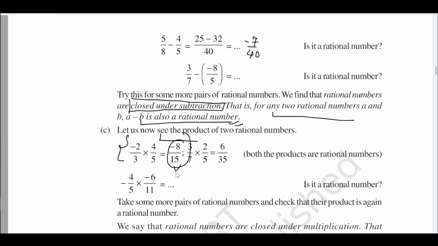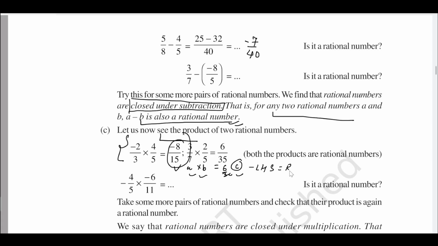It is also a rational number in the form of P by Q, where Q is not equal to 0. In the second, 3 by 7 into 2 by 5, we get 6 by 35, which is also a rational number.